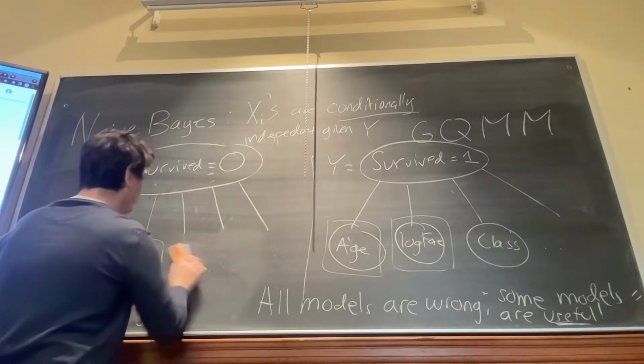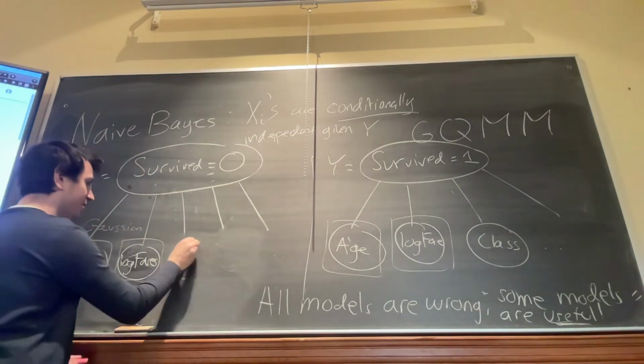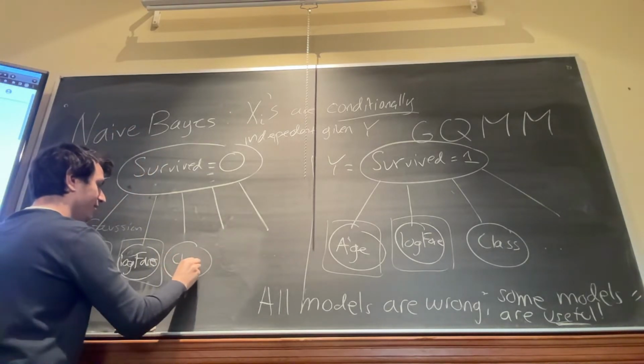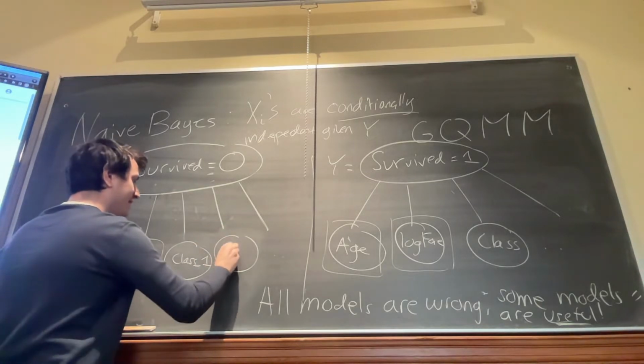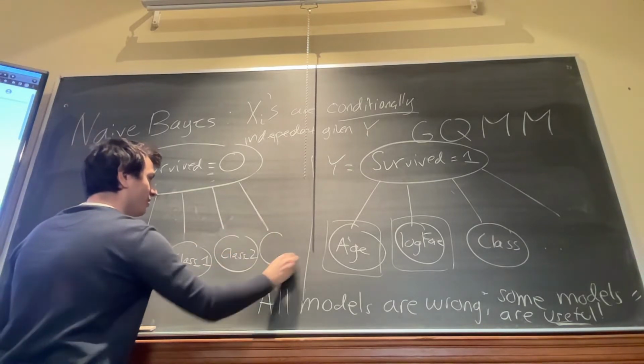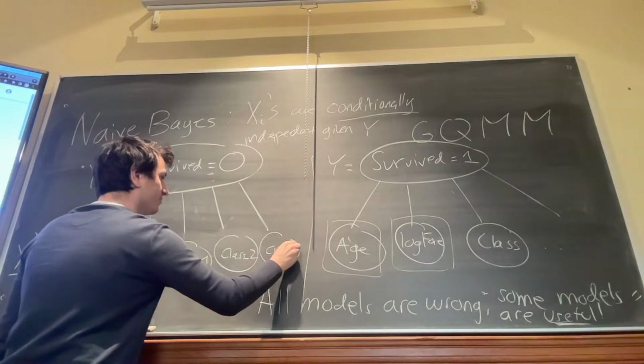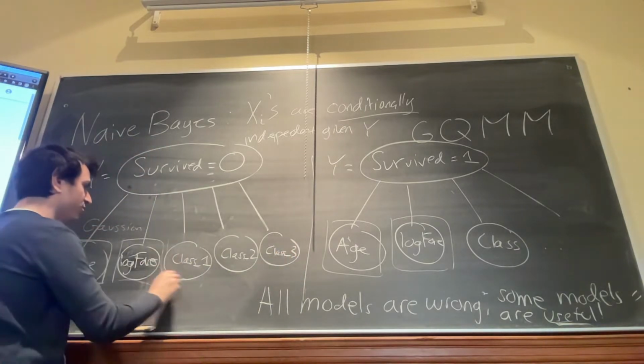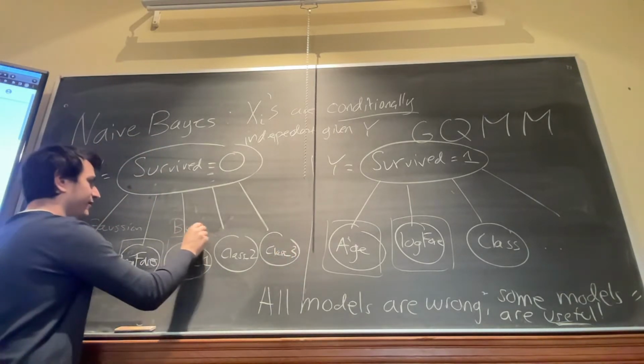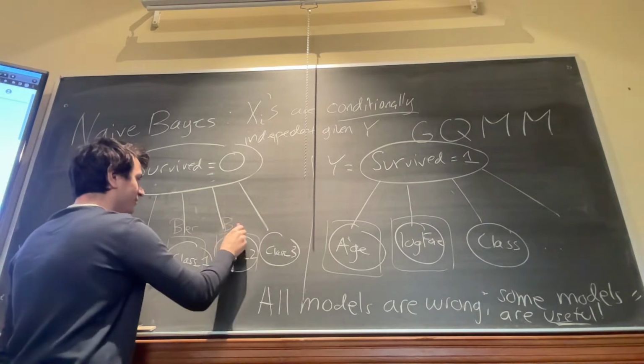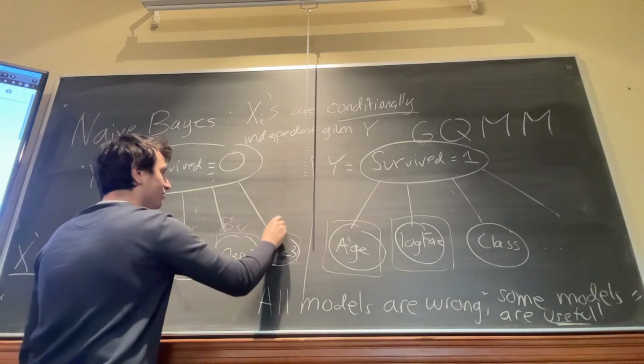This is really how it appears in the code: class_1, class_2, class_3. I'm treating these as Bernoulli variables, so they're either 1, you are in that class, or 0, you're not in that class.